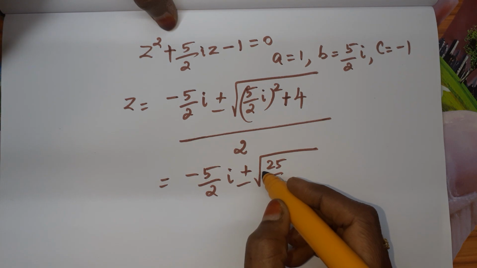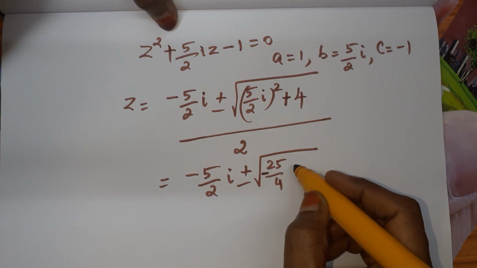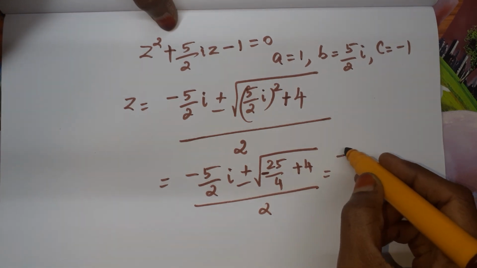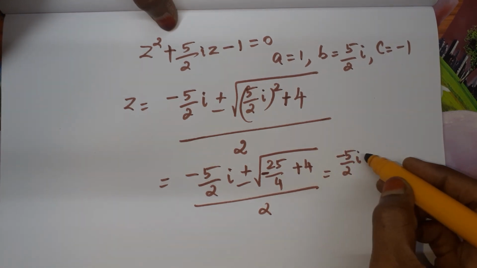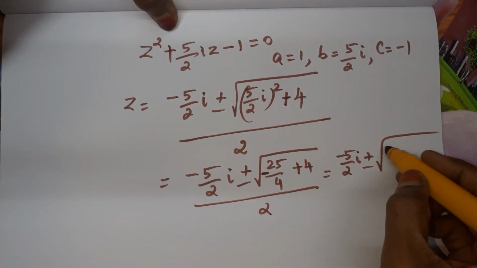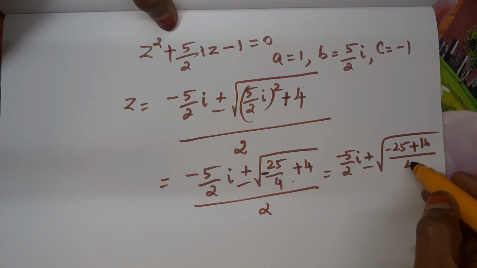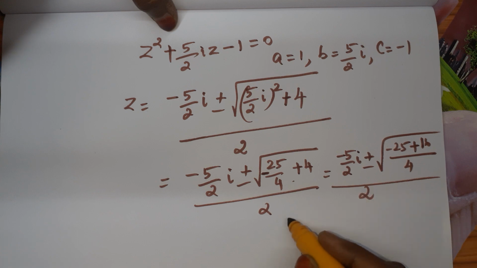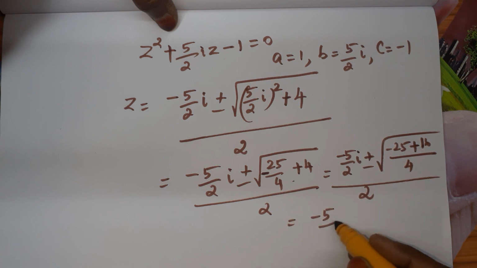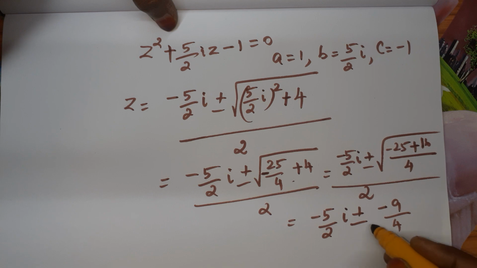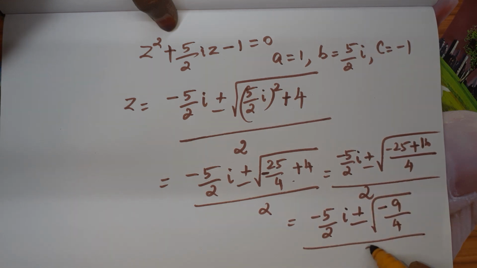I squared is minus, so this term is in minus sign, plus 4 by 2. Taking 4 as the LCM, we are having minus 25, 4 into 4 plus 16 by 4 by 2, which is equal to minus 5 by 2 I plus or minus root of minus 25 plus 16, it is minus 9 by 4, within root by 2.